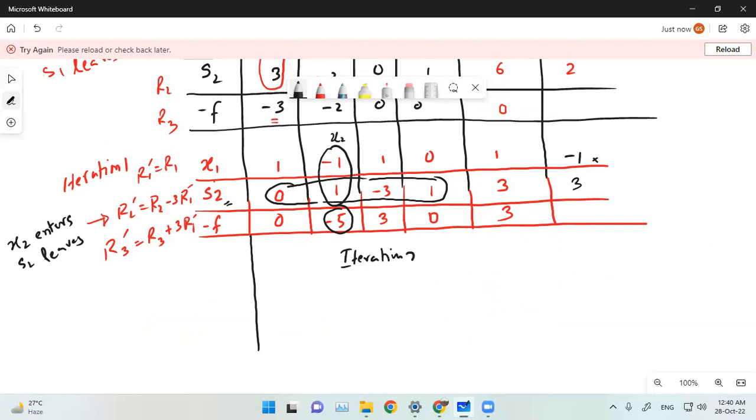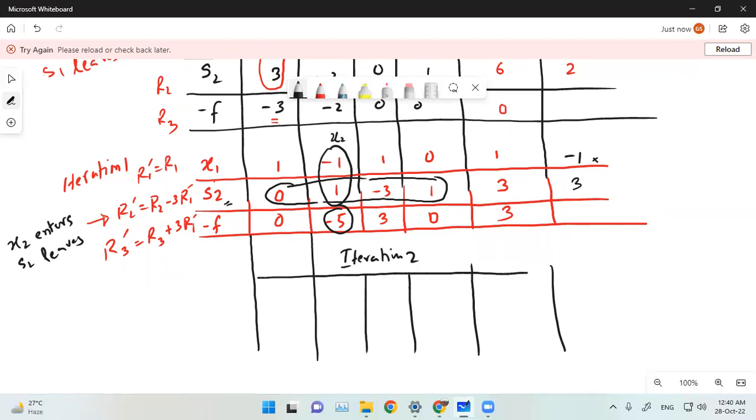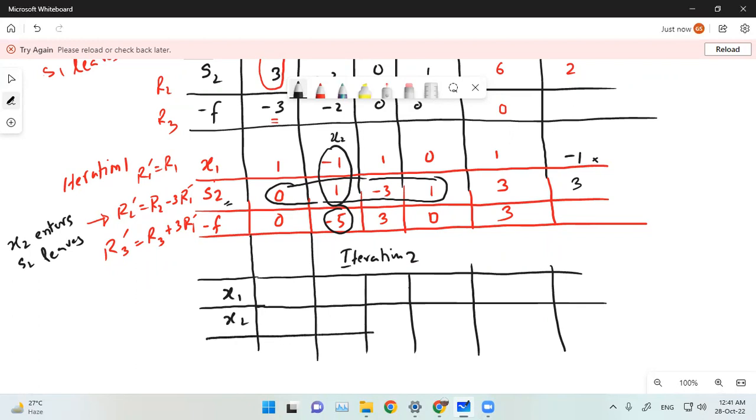Iteration 2. Then we have those values. So next value, already we have X1 previously, now X2 is entering. Then we have our -f as the function.